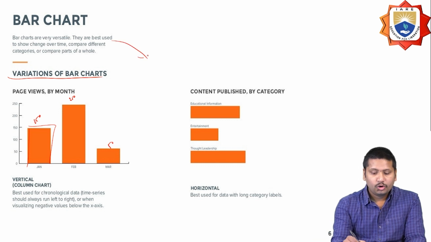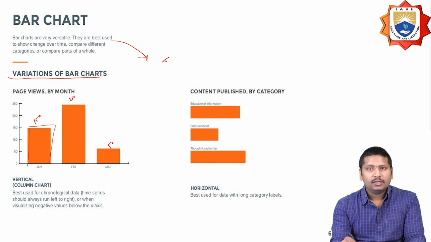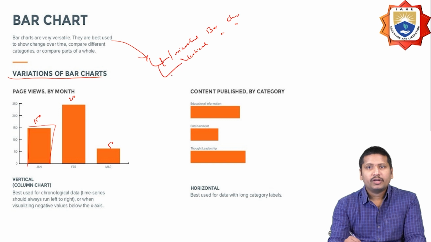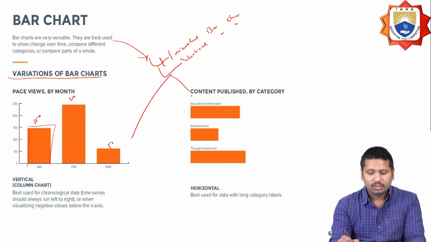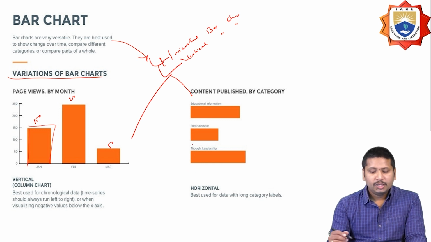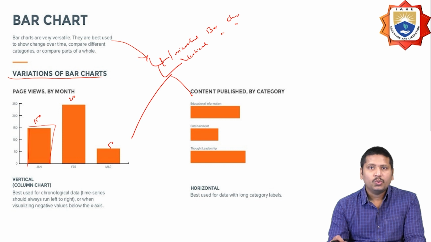The tabs are also going to be available: horizontal bar chart, and next one is vertical bar chart. So these are two types of categories. This is the vertical one, and this should be the horizontal one. So this bar chart should be very versatile, and it is best used to show change over time. It can compare the different categories or maybe different parts of the whole.